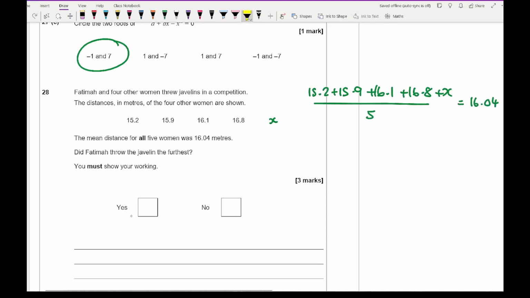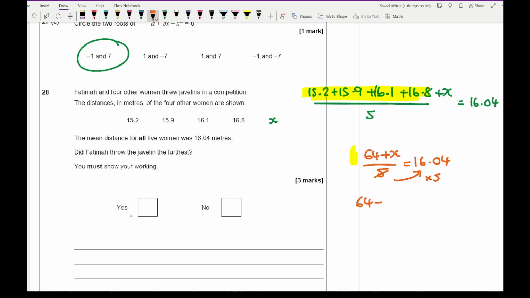Well, if I neaten all of this and just add them all up, so I've got 15.2 plus 15.9 plus 16.1 plus 16.8, we get 64. So 64 plus x over 5 equals 16.04. I take the 5 over by multiplying by 5. So I get 5 times 16.04, which is 80.2.